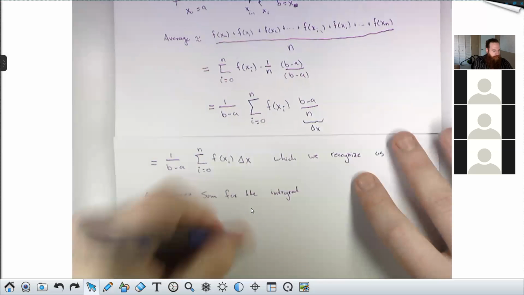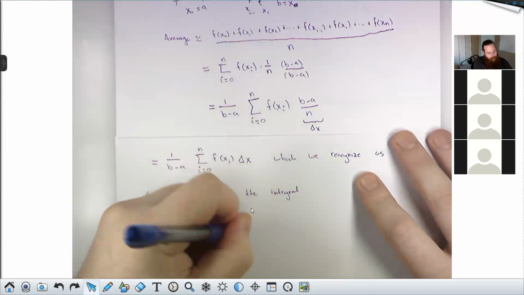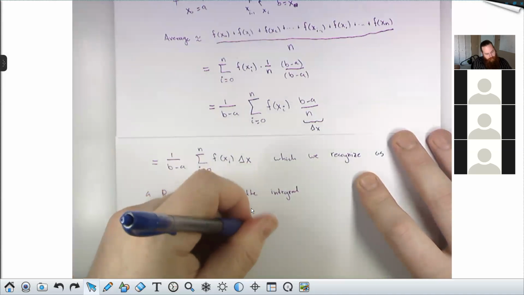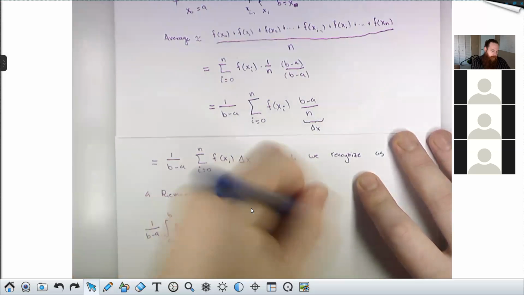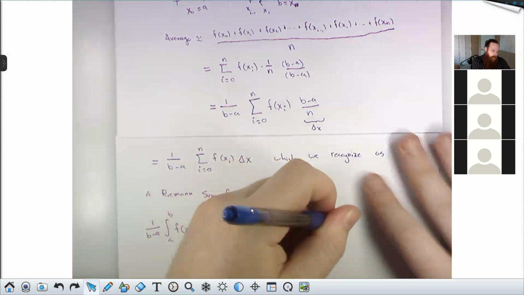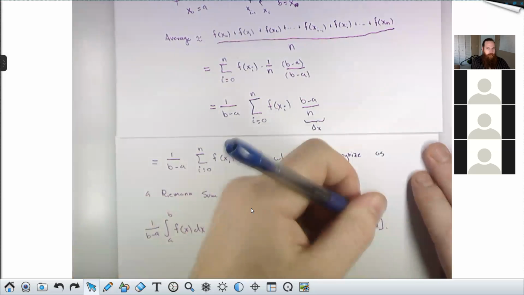And this is what we define to be the average value of the function f of x on the interval ab.